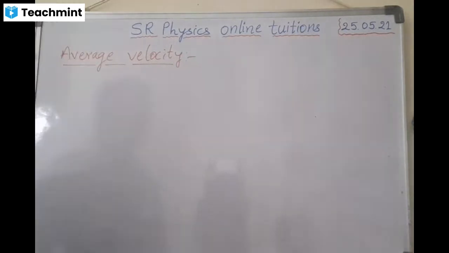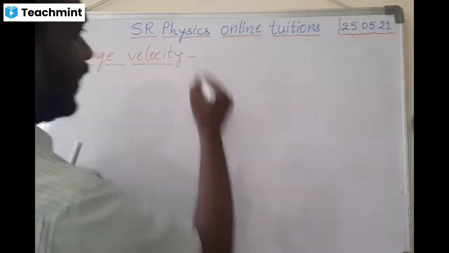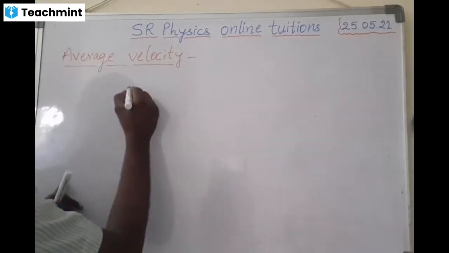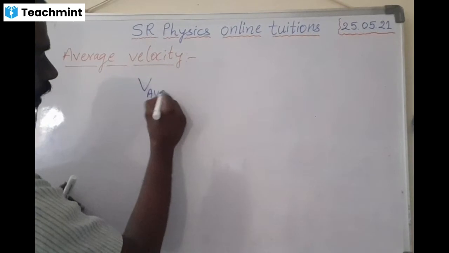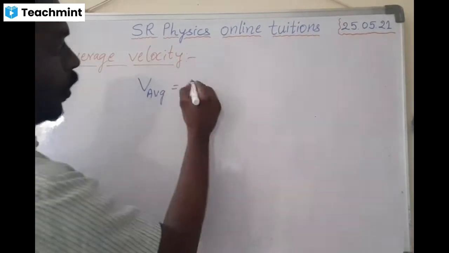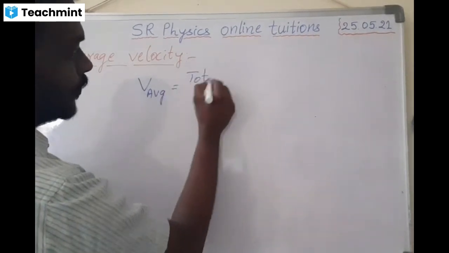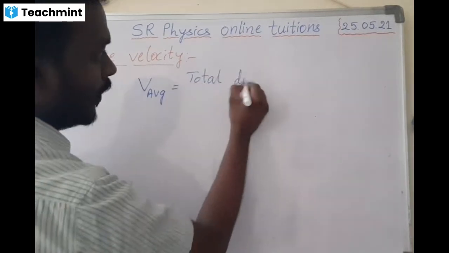Okay, right. So here the average velocity is taken as v average is equal to total displacement by total time.